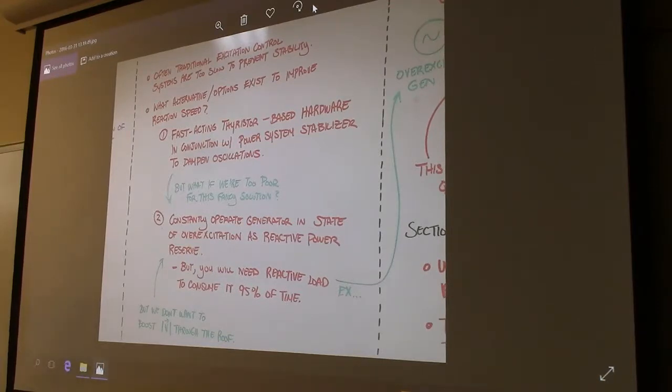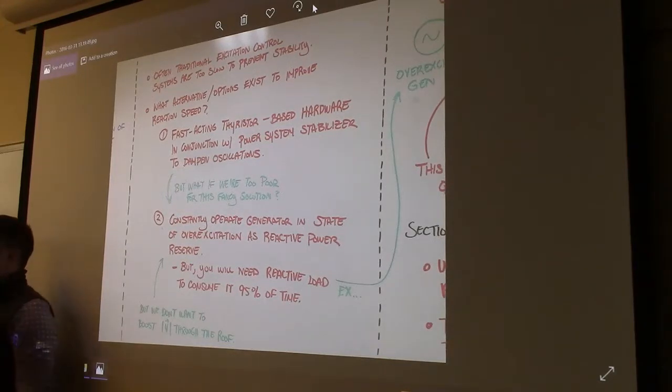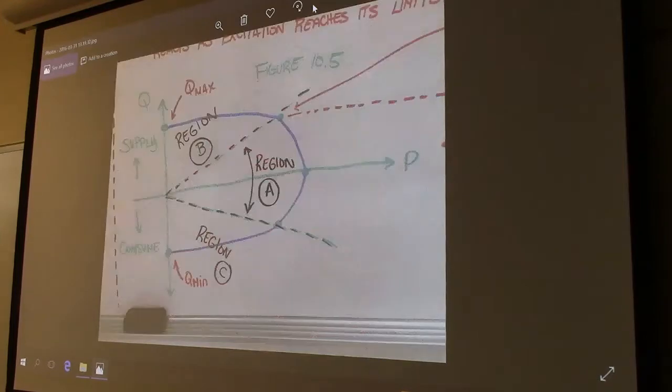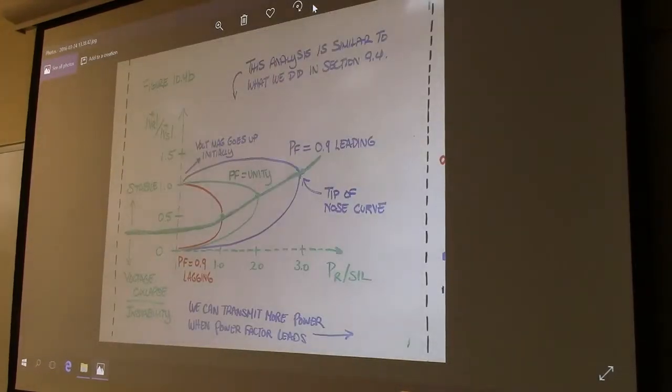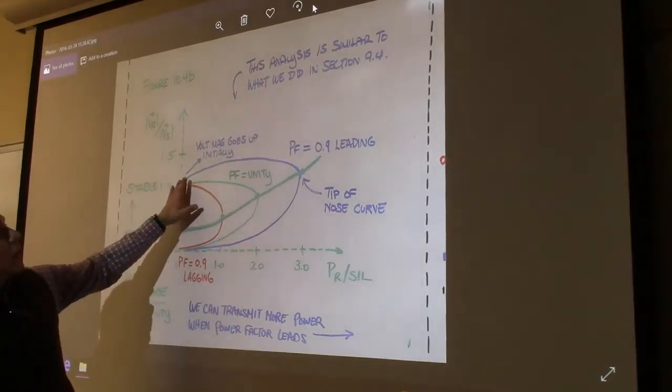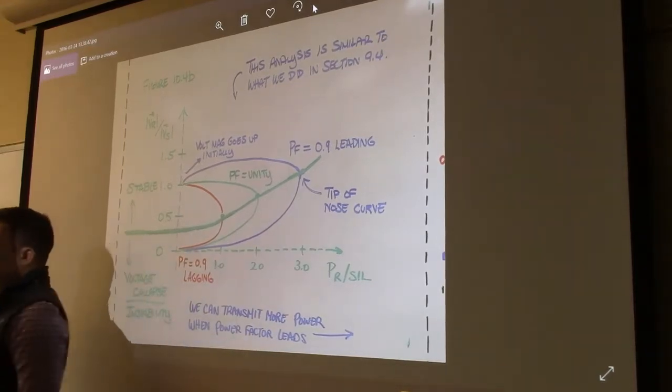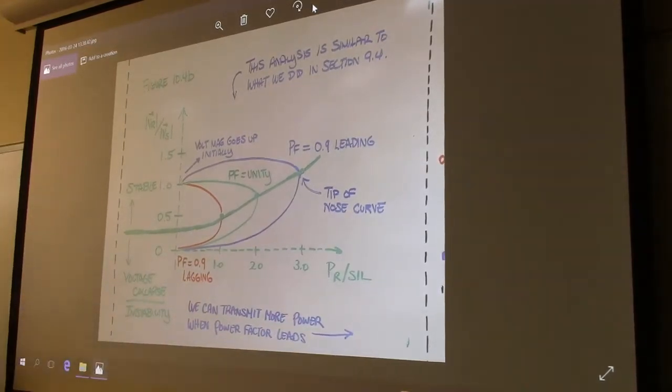it can switch in and out those reactive power sources automatically. The second alternative is to constantly operate the generator in a state of overexcitation as a reactive power reserve. So you could always just say, well, I'll just always run the generator giving us more Q than we need, which, if we go back to this graph here, we see that by pushing our power factor towards leading, we're always going to be moving the tip of the nose curve outward.